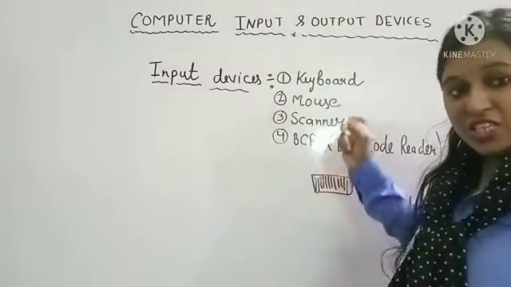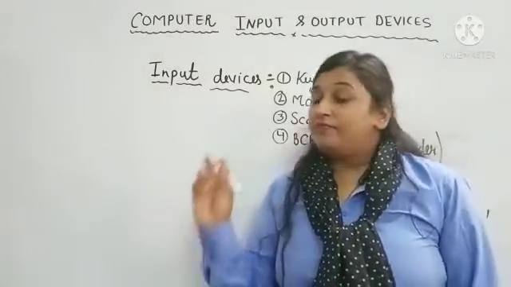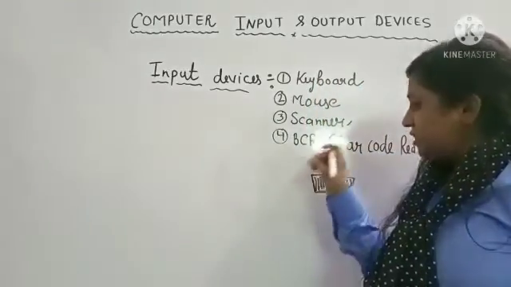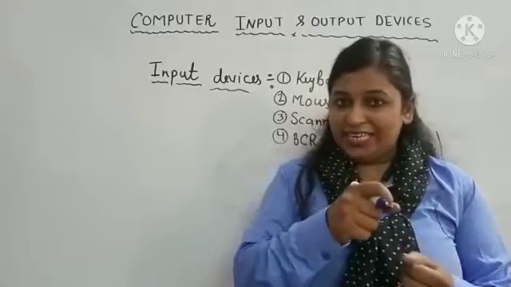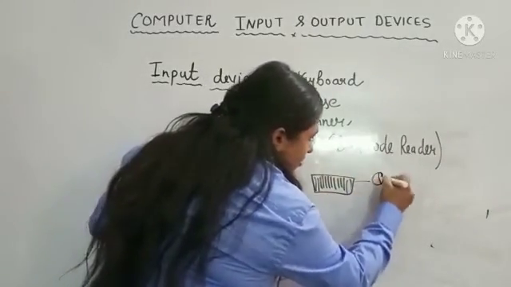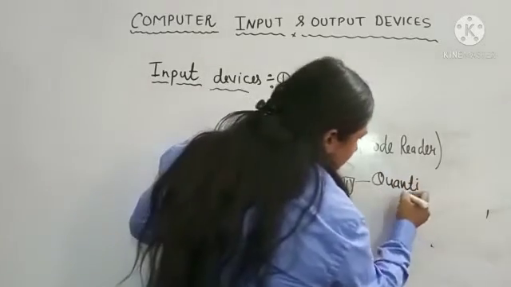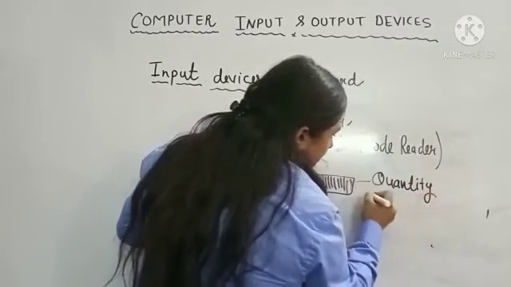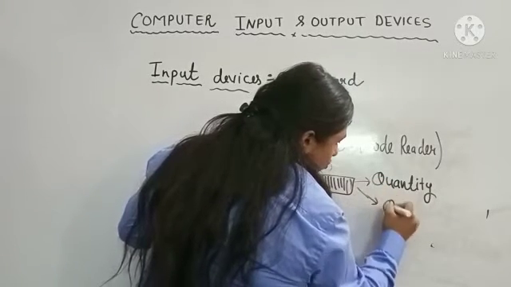The black sticks that are present on everything, the barcode reader reads these sticks and tells you two things. The first is quantity, and the second is quality.